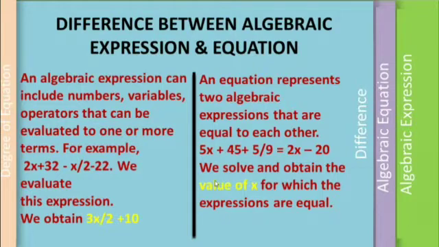Here there are two algebraic expressions. 5x plus 45 plus 5 by 9 is one expression and 2x minus 20 is the other expression. We solve and find the value of x for which these two expressions are equal. Hope you have got the difference between an algebraic expression and an equation, right?